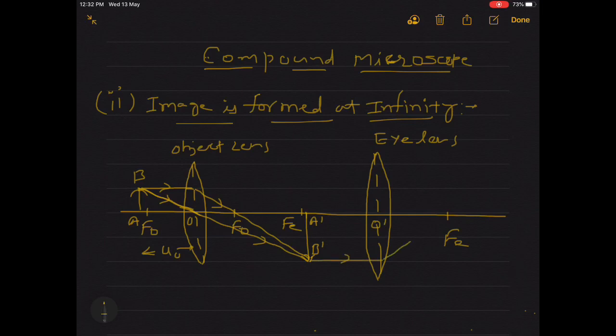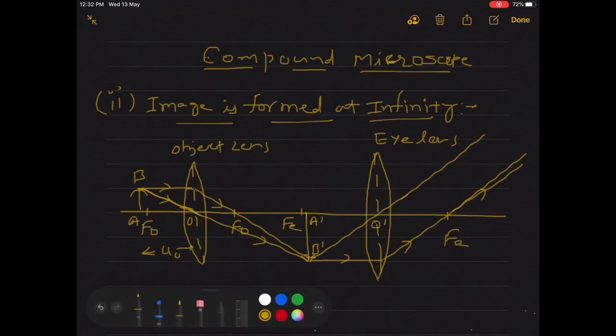So first ray we take parallel to principal axis and second ray we take passing through the optical center. So you can see these two rays are parallel to each other.